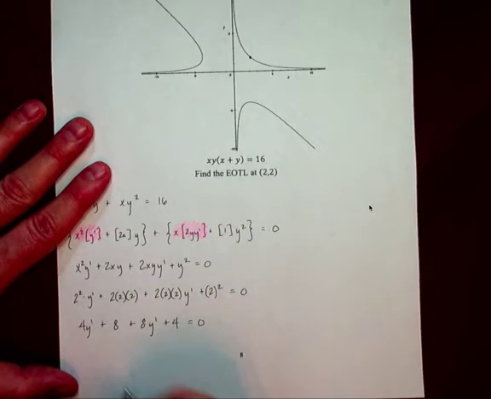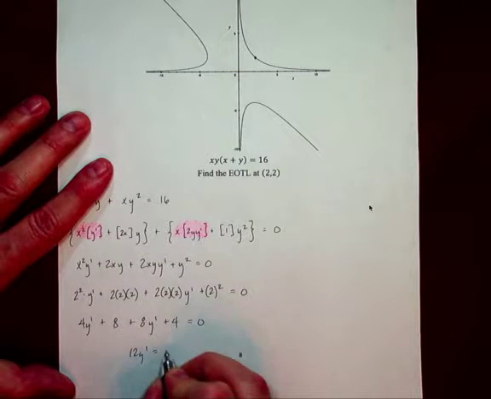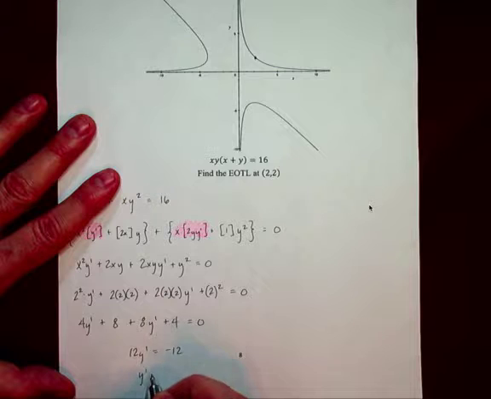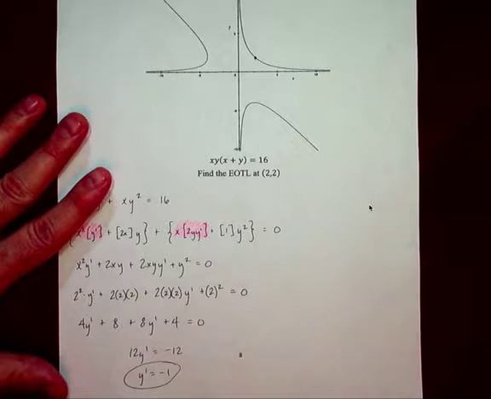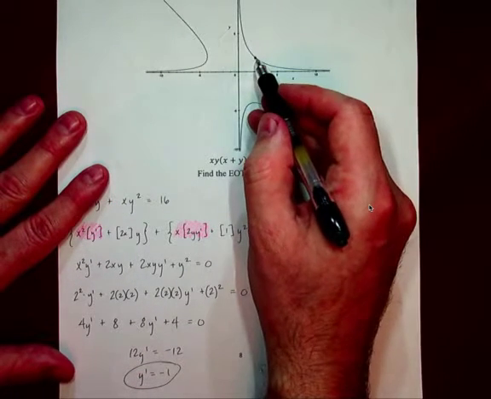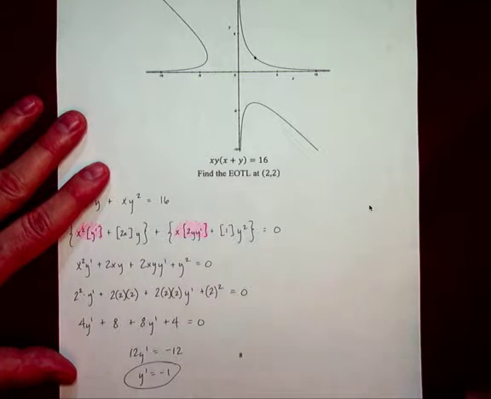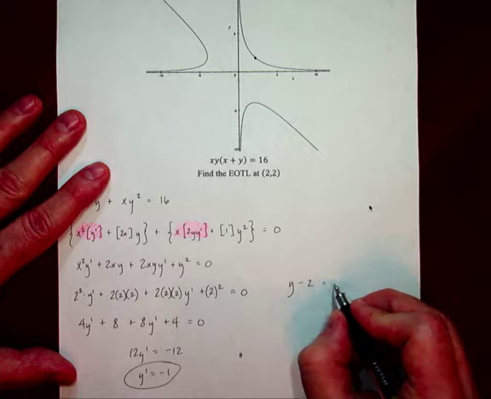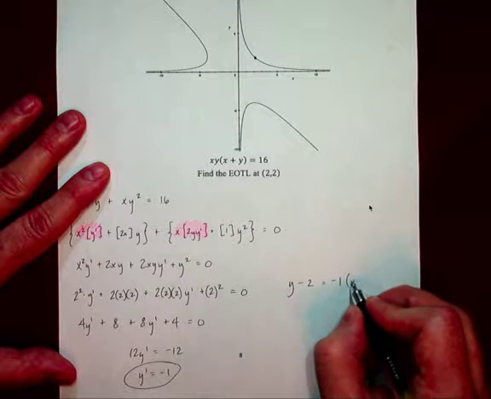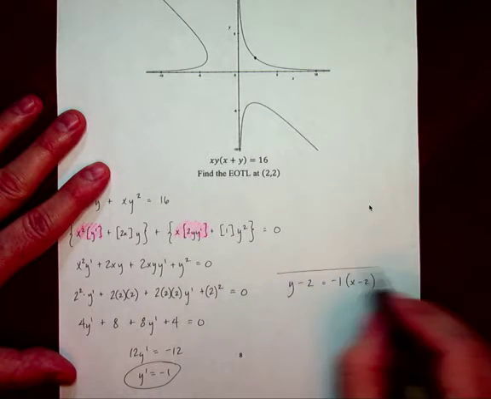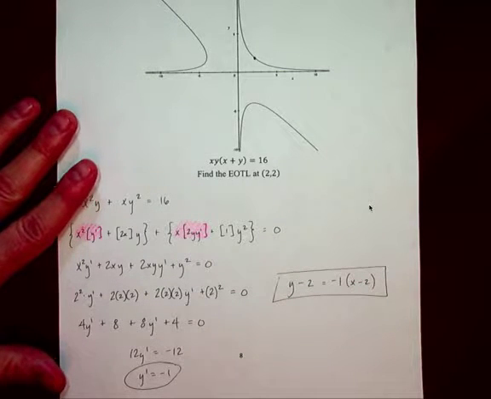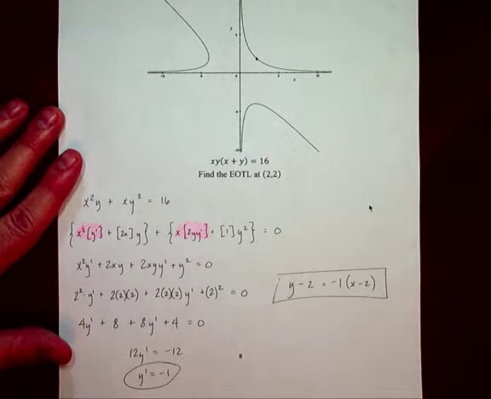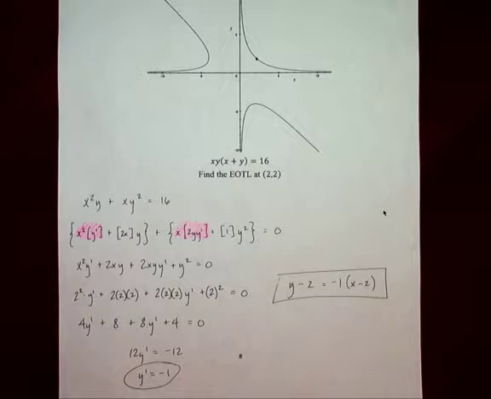So that winds up being 12y prime is equal to negative 12, so y prime is equal to negative 1. Now just eyeballing that shouldn't really surprise us, okay? And so what we have here is y minus 2 is equal to negative 1 times x minus 2, and there you go.